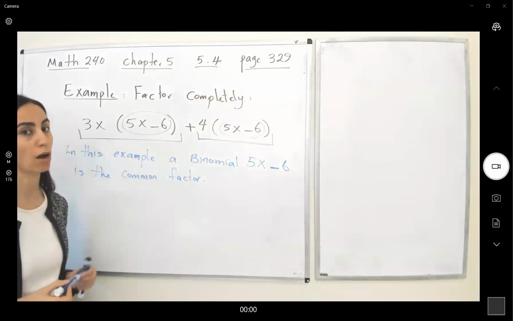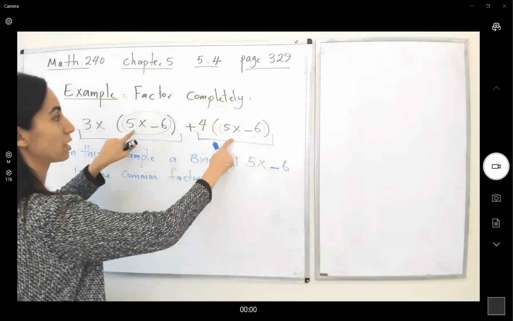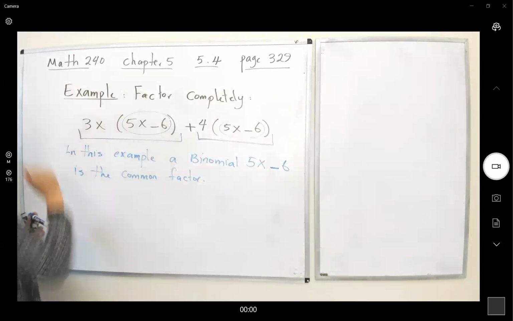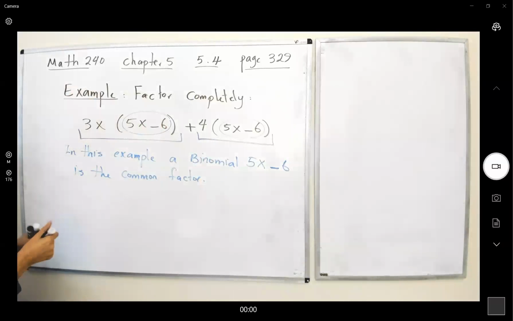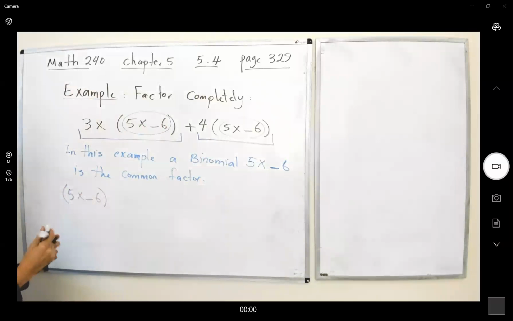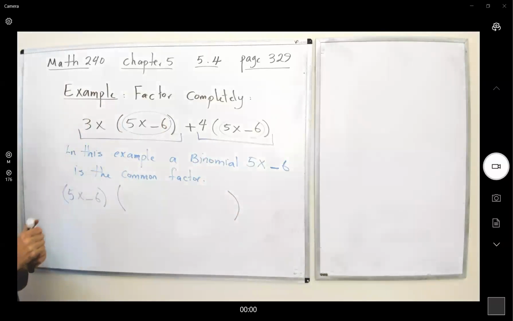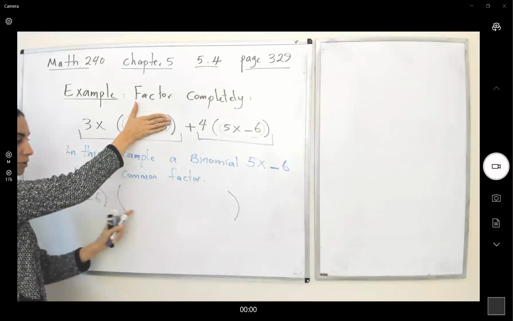So since it's the common factor, it happened to be just the greatest common factor, I'm going to factor it out. So 5x minus 6, you write it outside parentheses. Don't forget to write it inside parentheses because it's a quantity. And inside the rest of the parentheses, if you take out 5x minus 6, you're left with 3x.